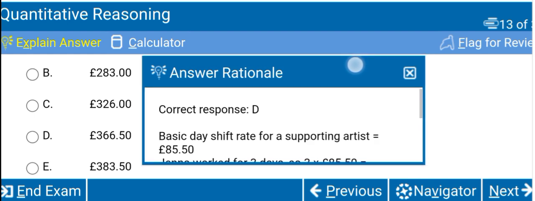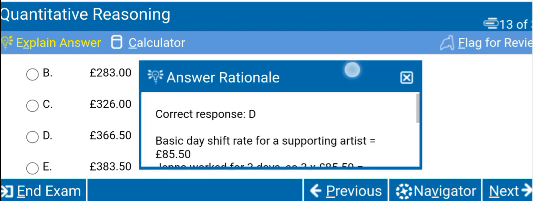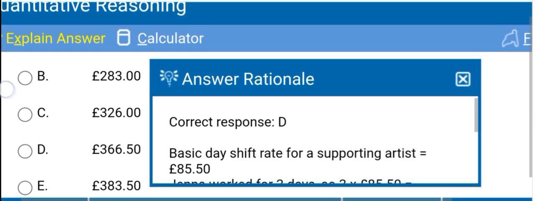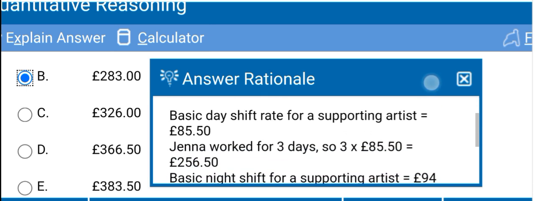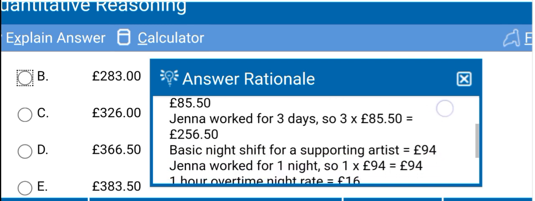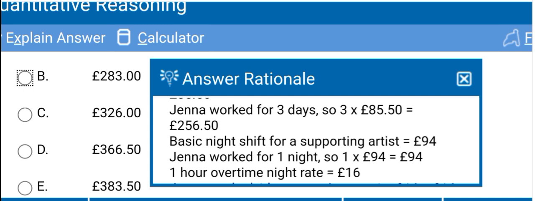So correct response is option D, as the basic day shift rate for a supporting artist is 85.50 pounds. Jenna worked for 3 days, so 3 multiplied by 85.50 pounds equals 256.50 pounds.